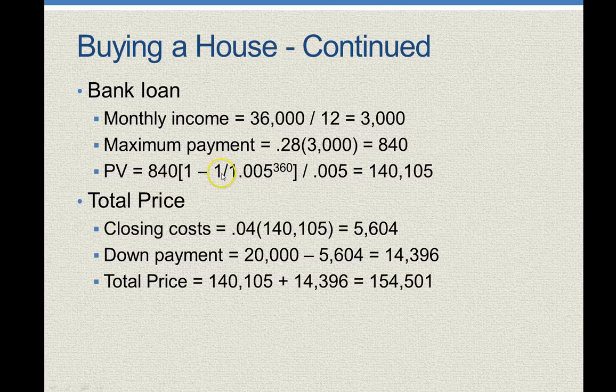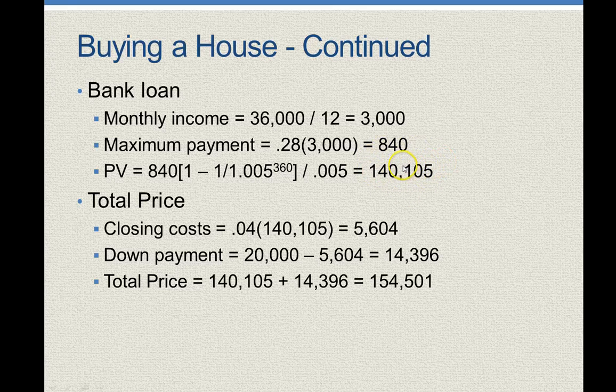Otherwise, if we don't have 1 over there, just 1 plus interest rate raised to the power, then the power needs to be negative. So the power is positive 360. And then divide the whole thing, 1 minus that, by the monthly interest rate, 0.005. So that's how we get this $140,105. So that's the loan amount.